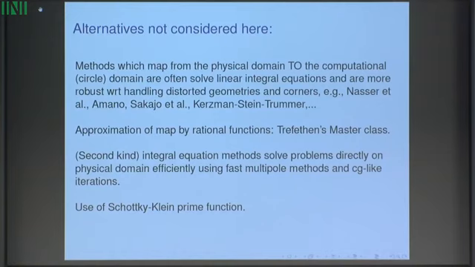If anything, maybe this puts Nick Trefethen's recent work using rational functions in some perspective here. One could also argue, why not just solve the problem in the physical domain with integral equations? That's certainly a viable option.